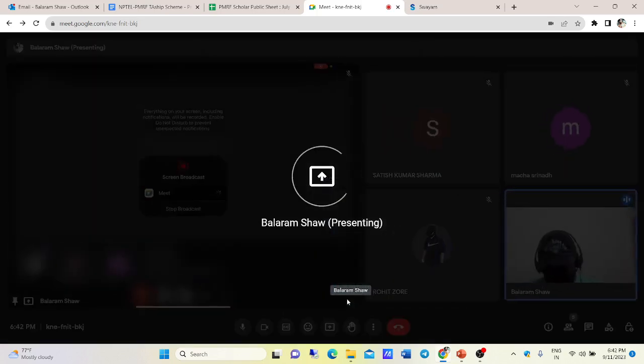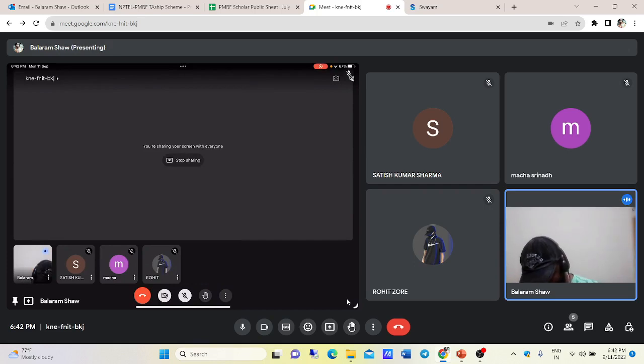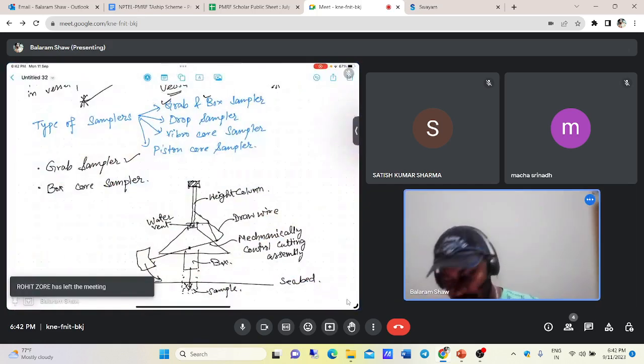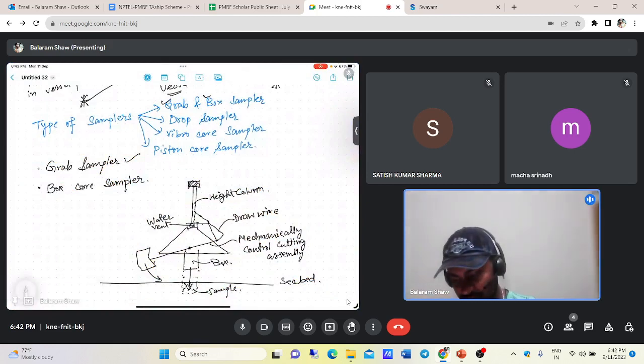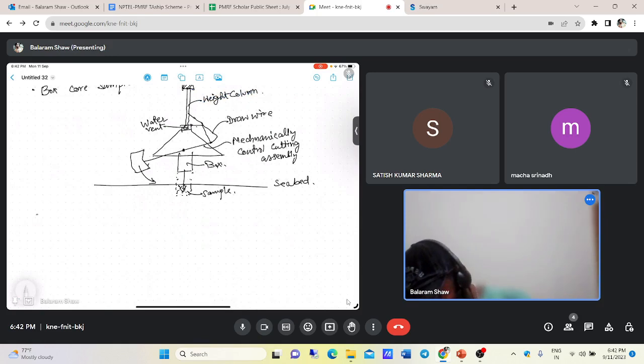Other than what we have seen, you can see the figure. So grab sampler we have seen, box sampler we have seen, then we have drop sampler.